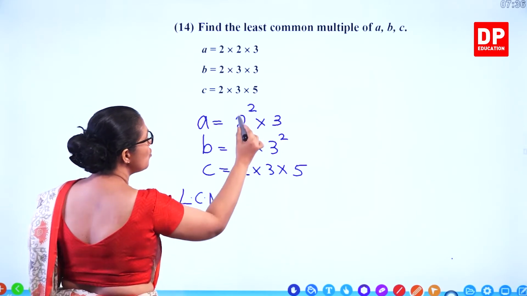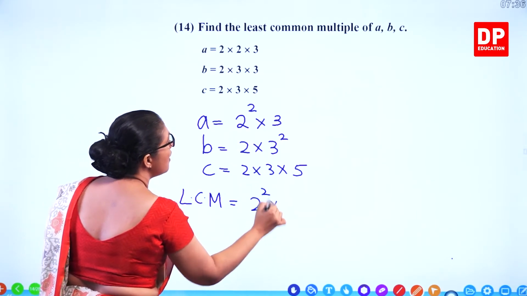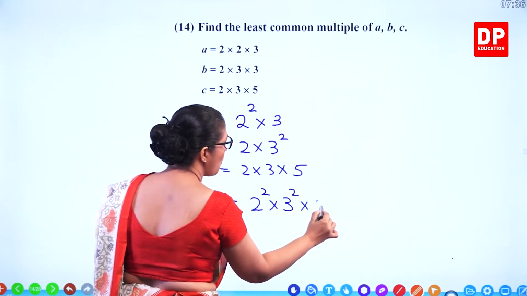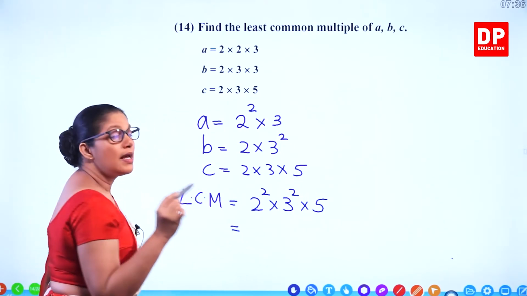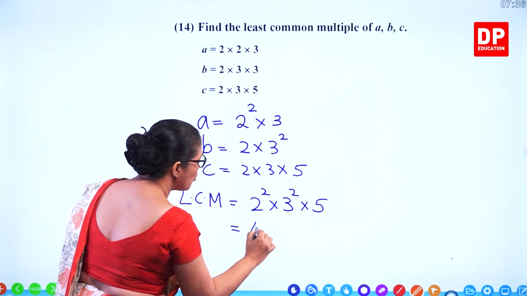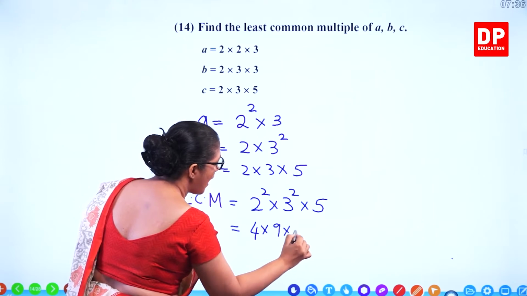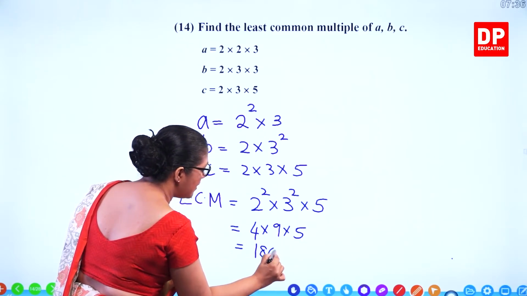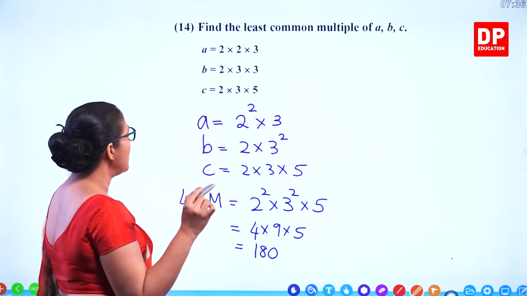When you take 2, 2 squared is the maximum. 3, that means 3 squared is the maximum, but 5 just once. So that's the least common multiple: 4 into 9 into 5. So 20 times 9, 180 is the least common multiple.